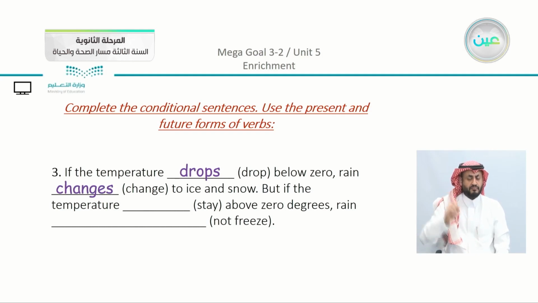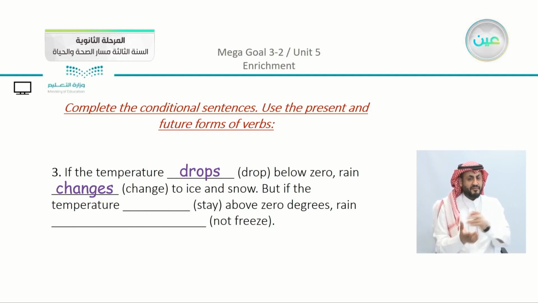Why did I say, first of all, in the future, but now it changes into the present simple? Let's go back and read the sentence again. "If the temperature drops below 0, rain changes to ice and snow." Is it something that always happens? Is it a fact? Is it something that doesn't change?